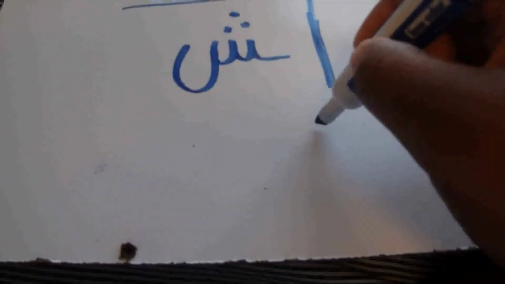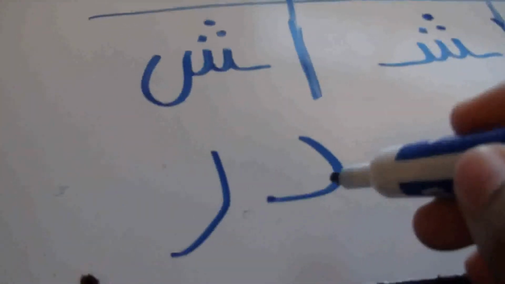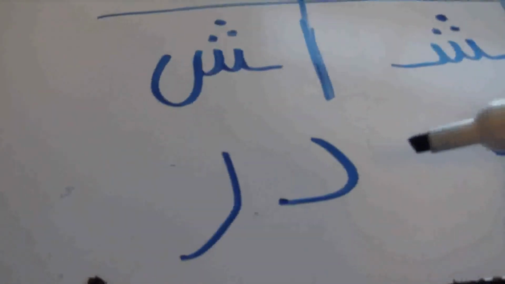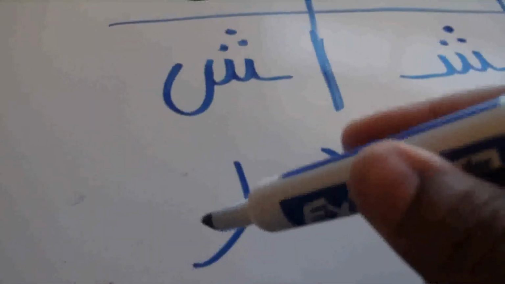To write dars, you start with the top of your pen to make the Daal, and then you make a Ra. So as you can see, it doesn't connect because Daal does not connect to the letters that come after it. And same thing with Ra. So just write in the Siin there. So that's dars, the word for lesson.